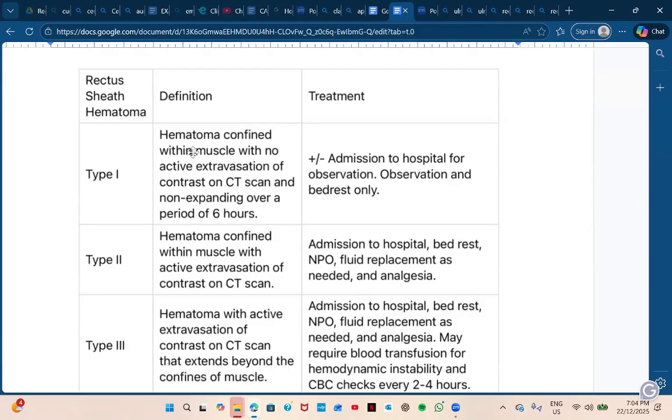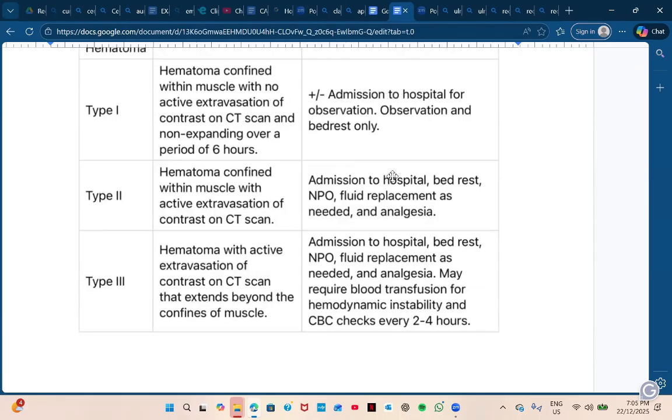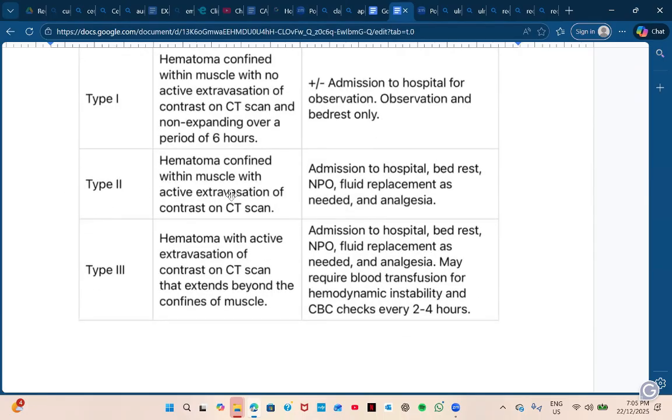When we do the contrast CT, there's no leakage we can see. In that case, we can admit the patient for observation and bed rest only.